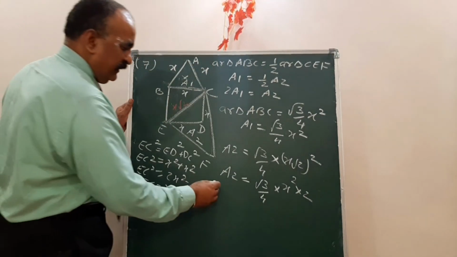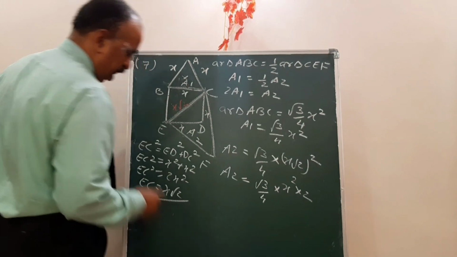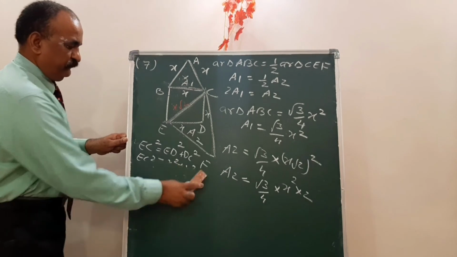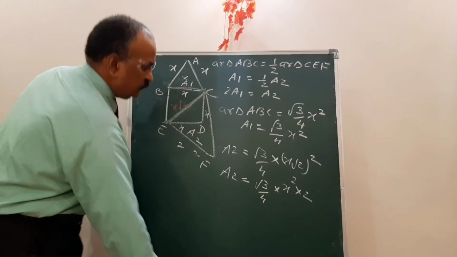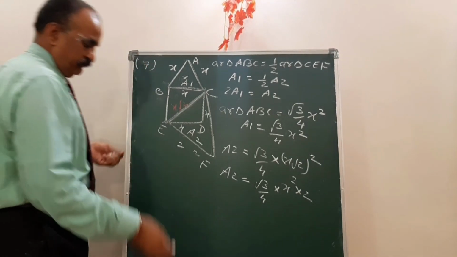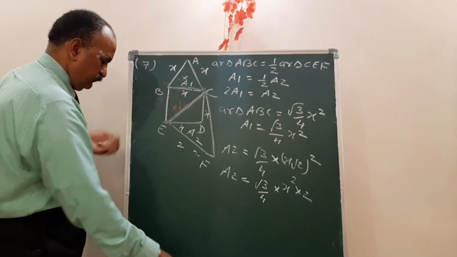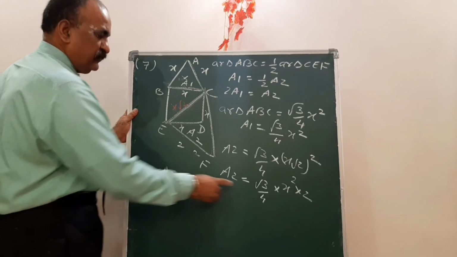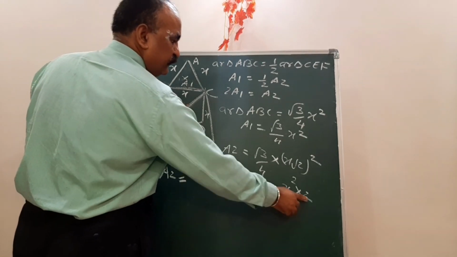Okay, so you can write here. I think this you have written and it is clear to you. तो आपका हो जाएगा A2 इज इक्वल टू √3/4 इंटू x स्क्वायर इंटू 2.